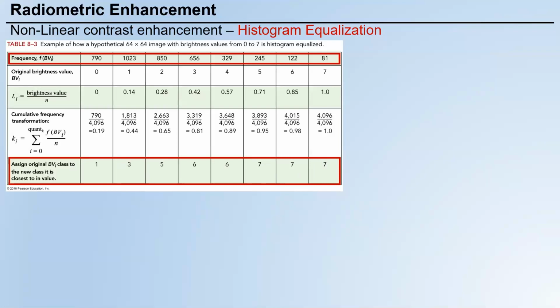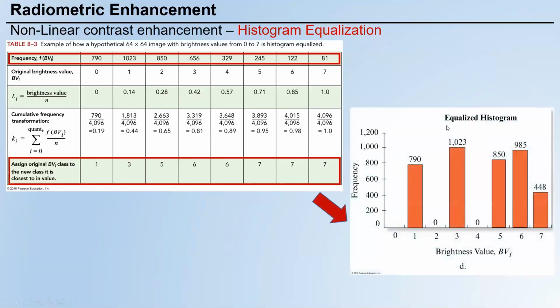Simply 0 pixels. So this is the result, the equalized histogram I showed you 2 slides before, right? There is no pixel for class 0, class 2, or class 4. For class 1, in the new image, there are 790 pixels. Similarly for class 3, class 5. Class 6 has how many?